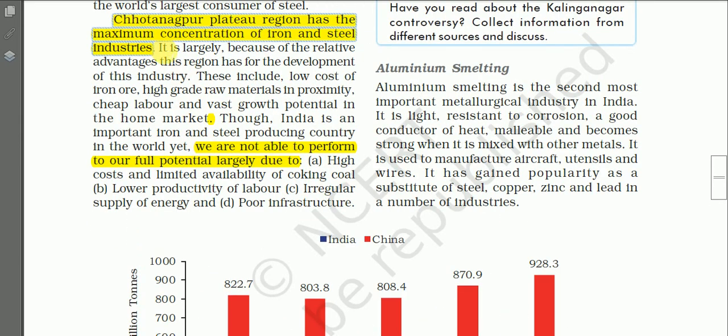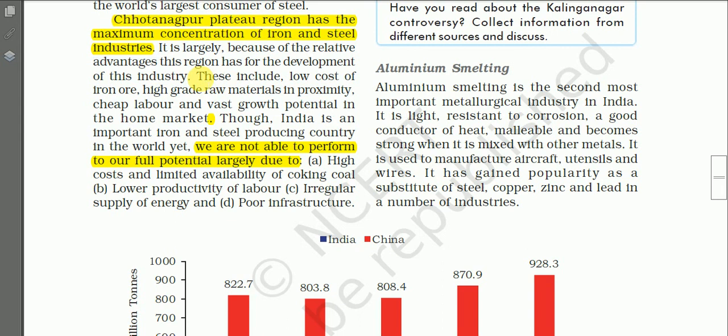It is largely because of the relative advantages this region has for the development of this industry. So the Chotanagpur region has an advantage for the establishment of the iron and steel industry.